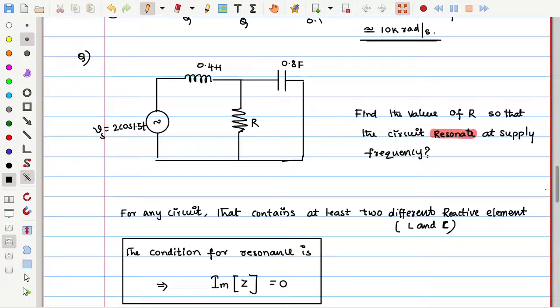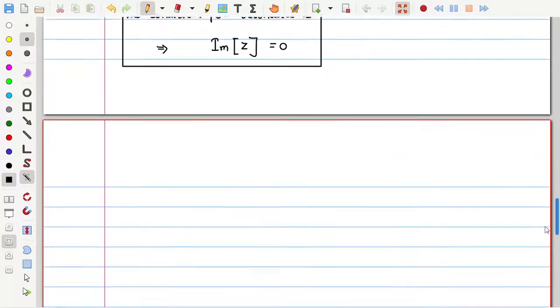Once we see any circuit, first try to find the total impedance of the circuit. Now for this circuit, how much is the impedance?